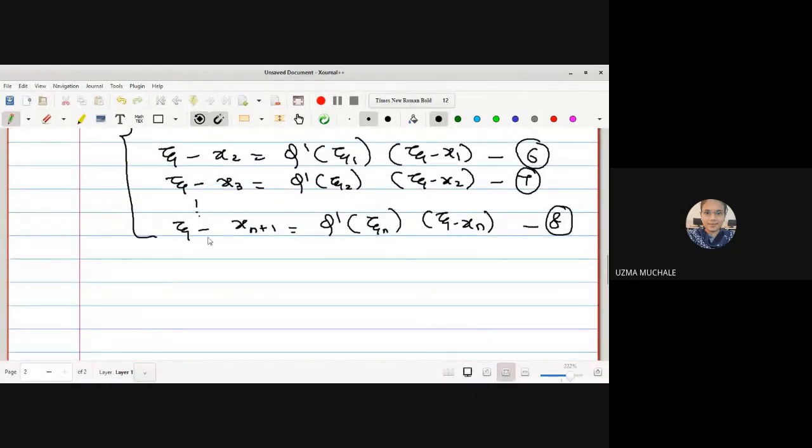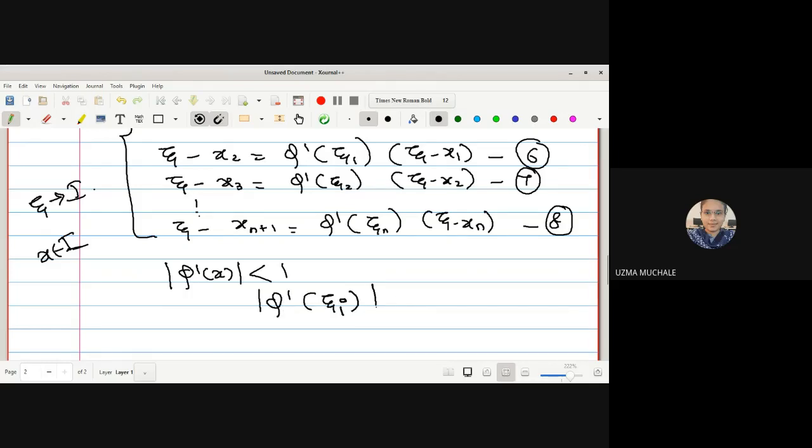Before that, we are provided that mod of phi dash of x is less than 1. In the statement, we are provided mod of phi dash of x is less than 1, where x is any point from the interval I. Here zetas are also points from the interval I. Hence, we can write mod of phi dash of zeta i is less than or equal to some k, and this k is less than 1.